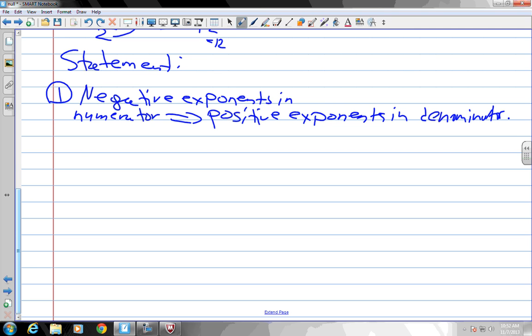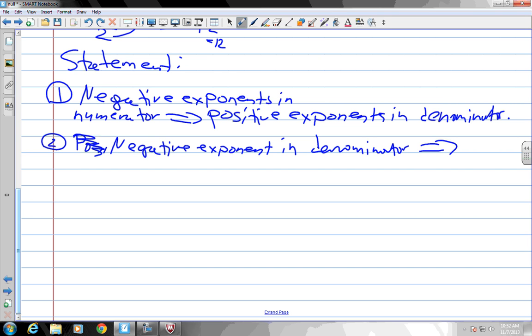And vice versa, if I see a negative exponent in the denominator, that becomes a positive exponent in the numerator. So a negative exponent in a denominator gives me a positive exponent in a numerator.